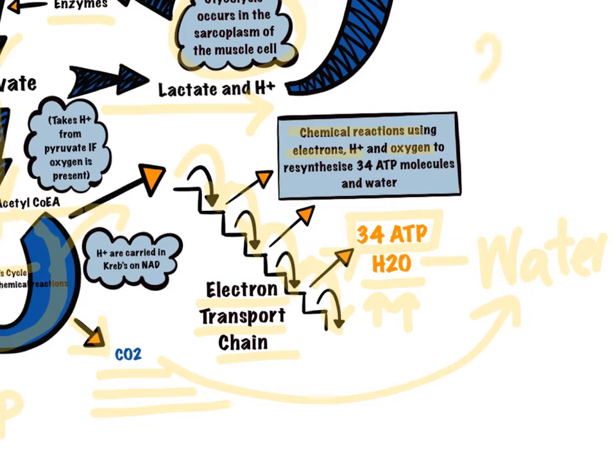So the 2 that we make in glycolysis, the 2 that we make in Krebs cycle, and the 34 that we make here in the electron transport chain means that we've got a grand total of 38 ATPs resynthesized with the complete breakdown of glucose.